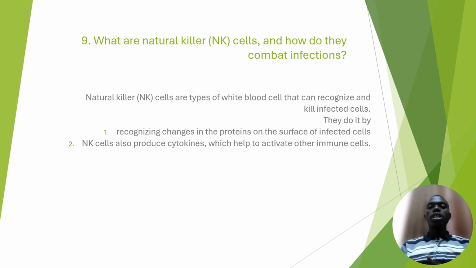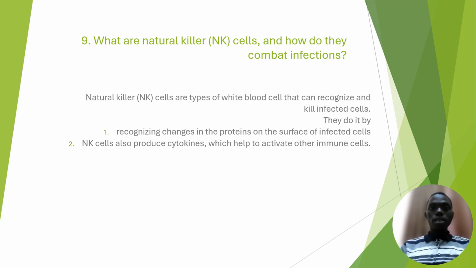As you know, in the immune system there is recognizing and also engulfing or killing the infected ones. They do this by first recognizing the protein surface of infected cells. Secondly, they produce cytokines which help to activate other immune cells.